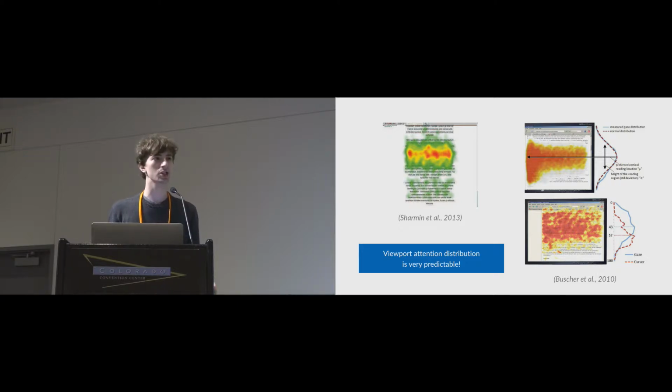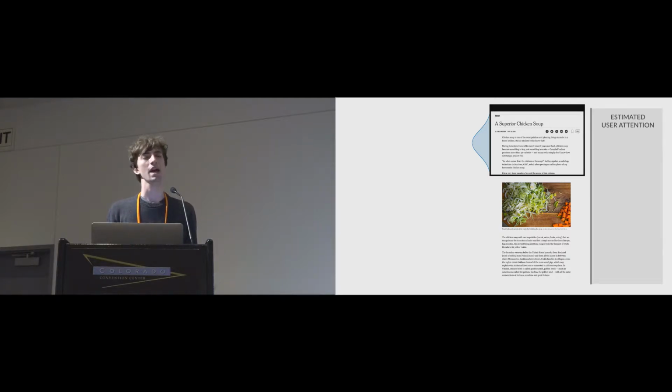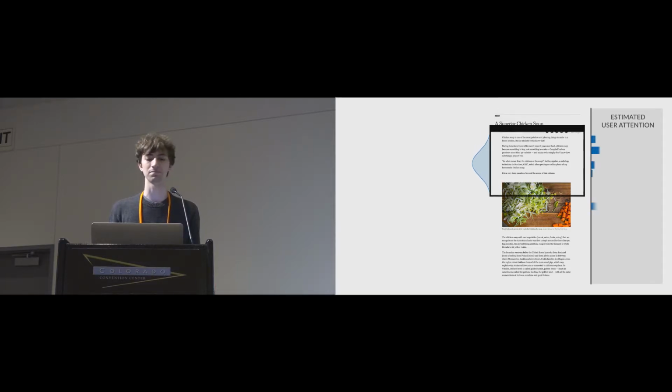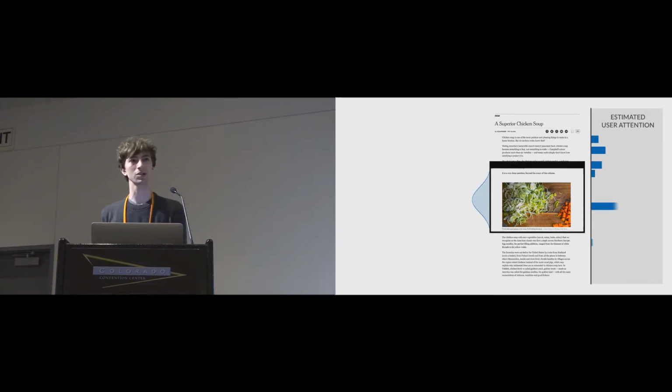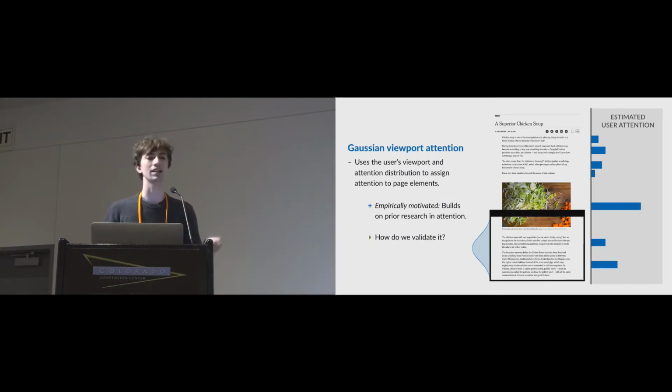And we can use this in conjunction with the idea that measuring attention in the viewport is important. So let's modify our model. Instead of looking at attention across the page, look at attention just on the viewport, and look at attention according to this attention distribution that we know from eye tracking. As the user scrolls across the page, we can measure second to second the attention on every element, in seconds or minutes, using this distribution.